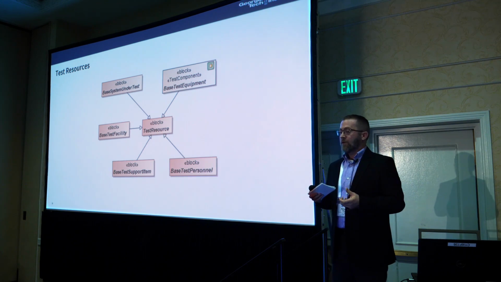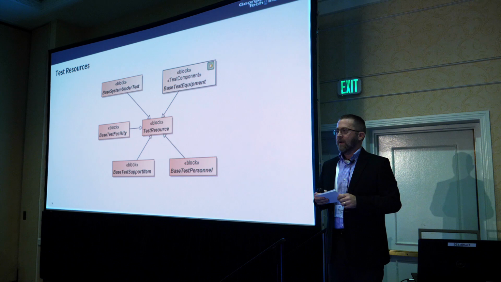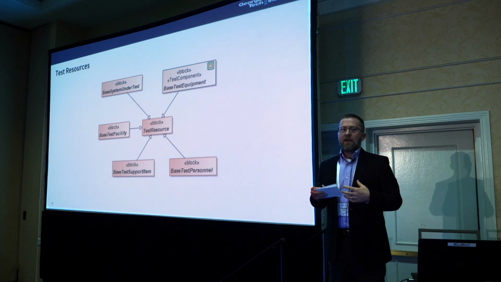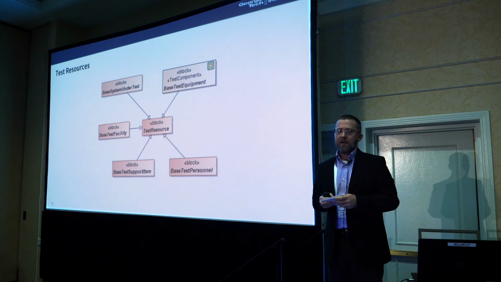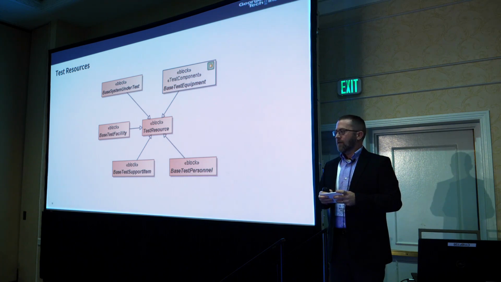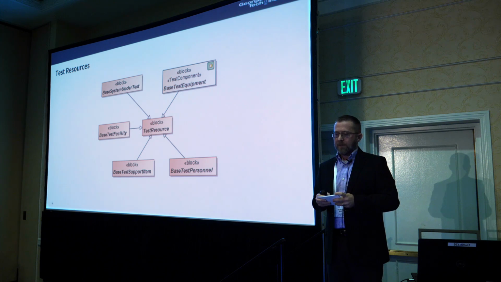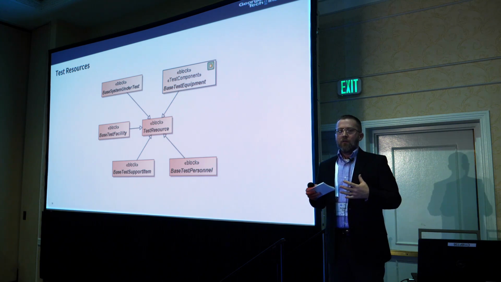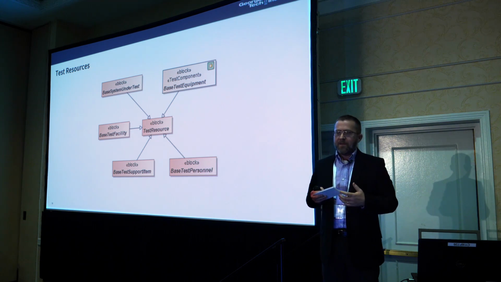Now on test resources. The UML testing profile does go into detail about what a system under test is, as well as what a test component is. A test component is something that just stimulates a system under test and or measures and records data from it. But when we're talking about testing and evaluation, that's not enough.